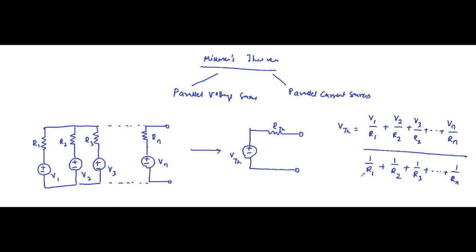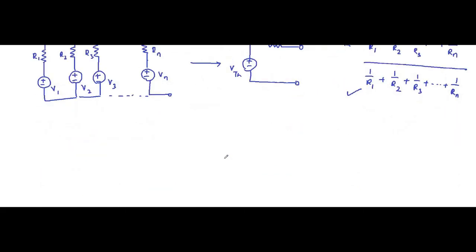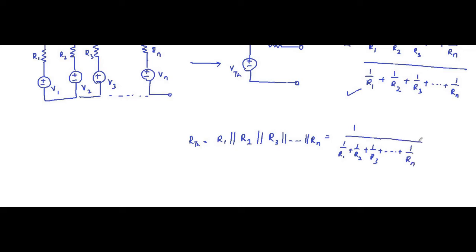This is VTH. RTH is simply the parallel equivalent resistance. RTH is R1 parallel R2 parallel R3 up to Rn, which is equal to 1 over the sum of 1 by R1 plus 1 by R2 plus 1 by R3 up to 1 by Rn.